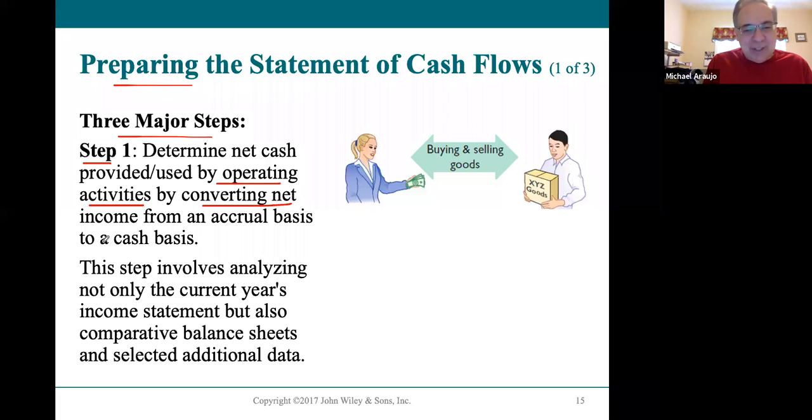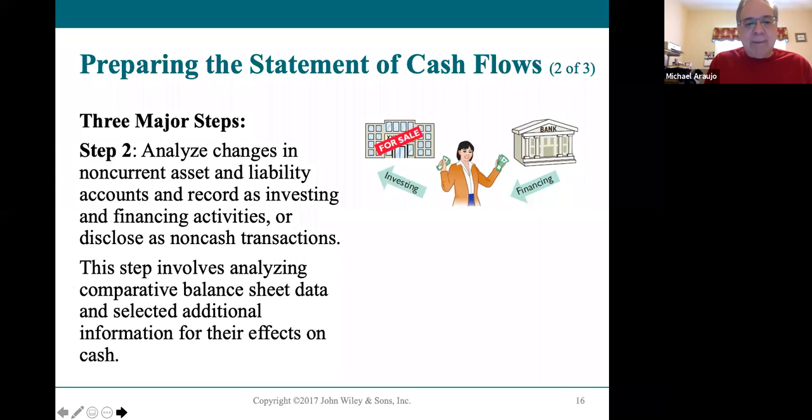In the cash flow statement, we actually need to convert the net income from the accrual basis to the cash basis. It's a very interesting type of thing, and these are the steps that are going to be involved in it. So that's the first thing we're going to be looking at.